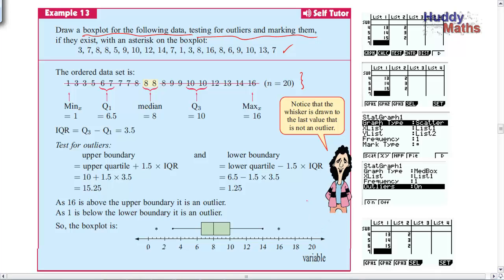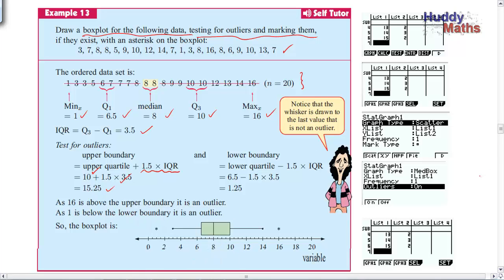But anyway, if you did that, you would find the minimum, the lower quartile, the median, upper quartile, the max. Find the interquartile range, test for outliers. It's the top of the box, 10 plus 1.5 times interquartile range. There it is, 15.25 is the one we just did.